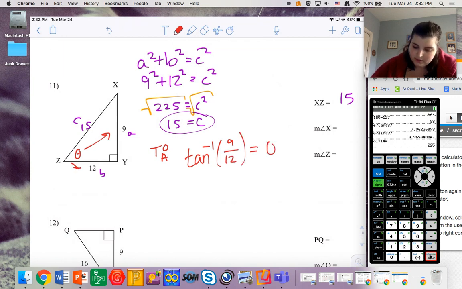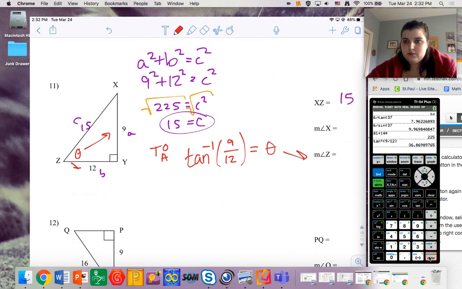And that will give me the measure of theta, or the measure of angle Z. So tangent inverse, remember second tangent, 9 divided by 12 is 36. So angles, you just round up to full numbers. It's always going to tell you that, except obviously I didn't put in the directions here. So that's 37 degrees.